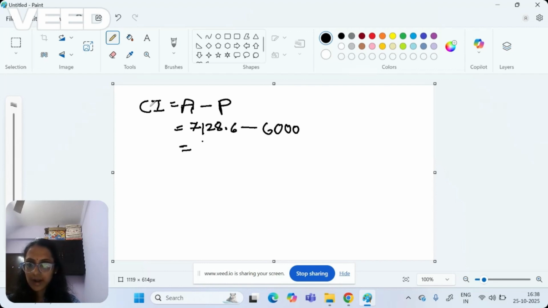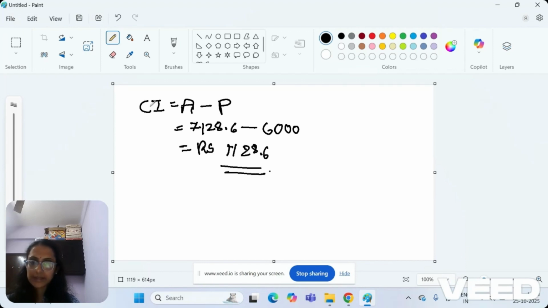So the compound interest is 1,128.6 rupees.